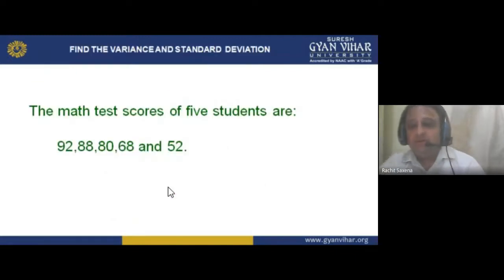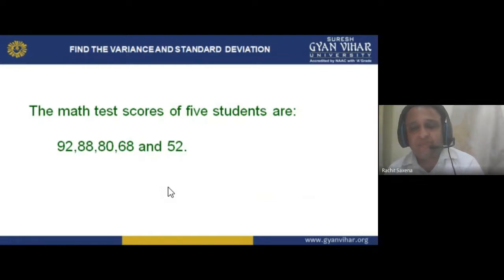Now one example for you. Find the variance and standard deviation of the mathematics test scores of 5 students: 92, 88, 80, 68, and 52. Consider students A, B, C, D, E. A scored 92, B scored 88, C scored 80, D scored 68, and E, the last student, scored 52.